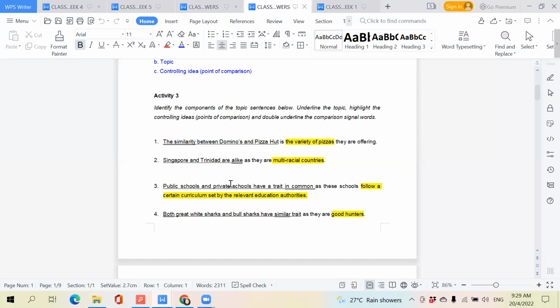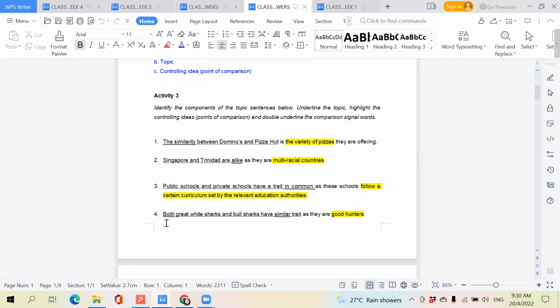These are the two subjects that you want to compare and contrast, but here you just want to compare. Anyway, in common. You can also use in common to show similarity. This is your comparison signal word. Next, as these schools follow a certain curriculum set by the relevant education authorities is the point of comparison.